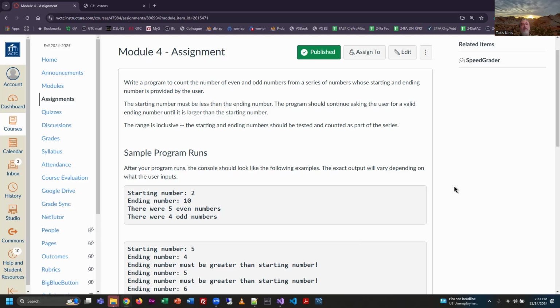The starting number must be less than the ending number. The program should continue asking the user for a valid ending number until it is larger than the starting number. The range is inclusive. The starting and ending numbers should be tested and counted as part of the series.